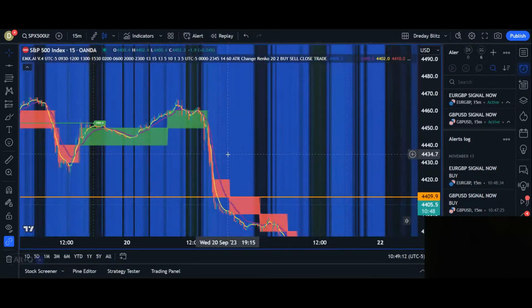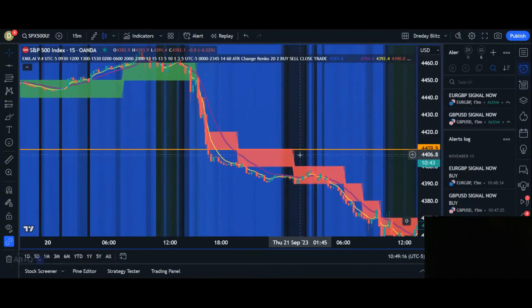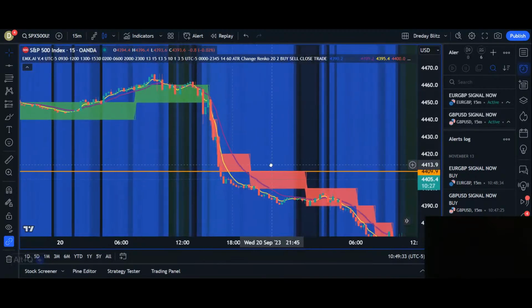So let's zoom in. As you can see, it touched exactly. So around the 20th of September, the price for S&P 500 was in that range. Okay. So the next range we're looking at would be here.